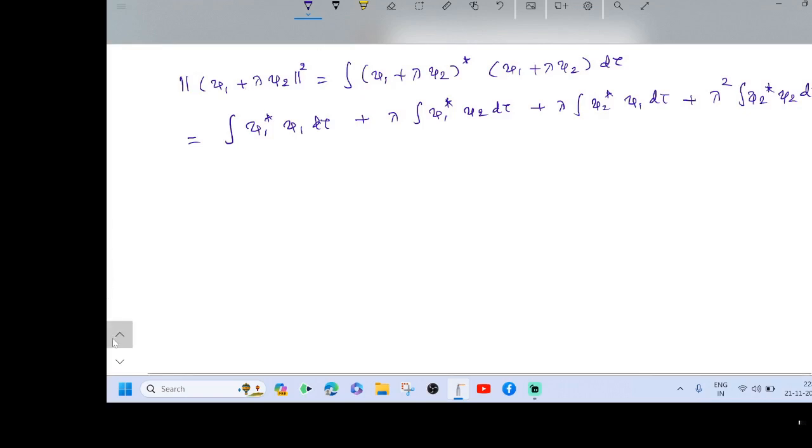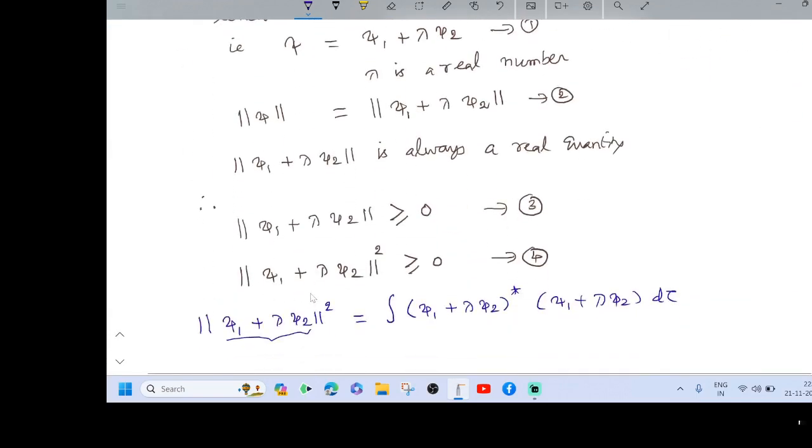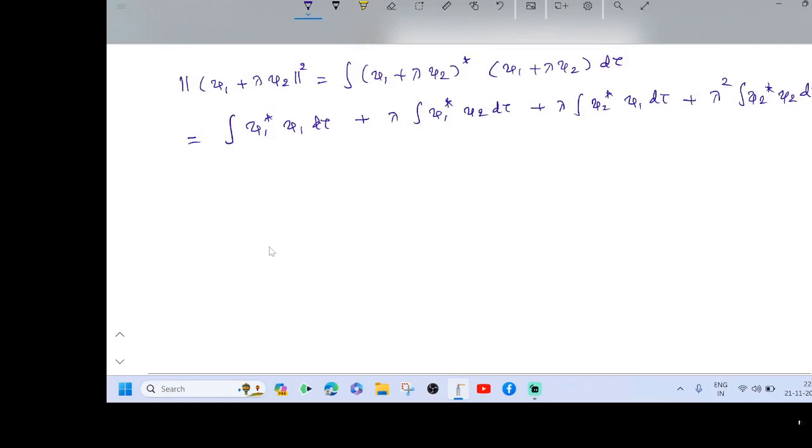Now come to our equation 4. Equation 4 is norm square of psi 1 plus lambda into psi 2 greater than or equal to 0. Now write down equation 4.